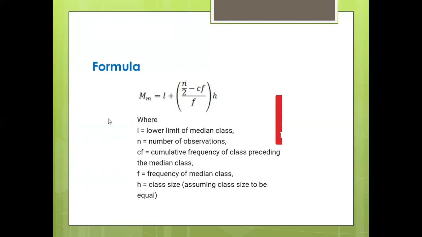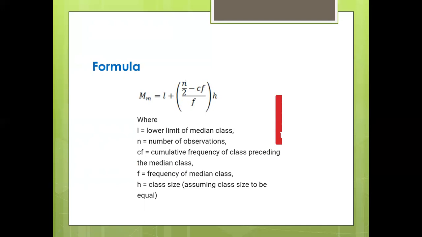L is the lower limit of the median class, N is the number of observations, CF is the cumulative frequency of the class preceding the median class, F is the frequency of the median class, and H is the class size, that is the difference between class intervals.